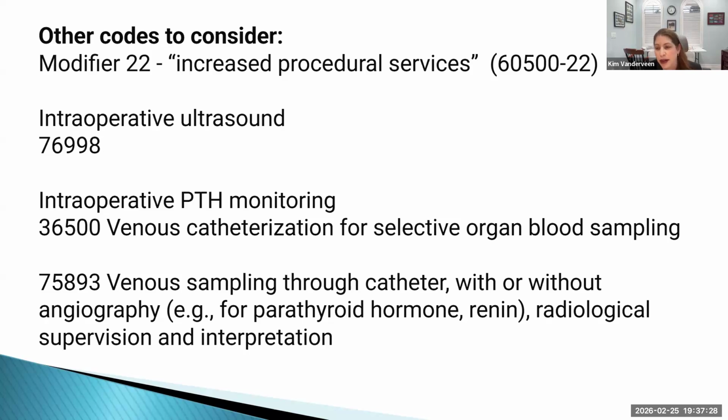I'm going to go to my group to try and get this code. The bad news is that the 36500 work RVU and the venous sampling interpretation code is 0.5, substantially less. And again, still more than 0. So I'm going to my team and say, what do you think about this?